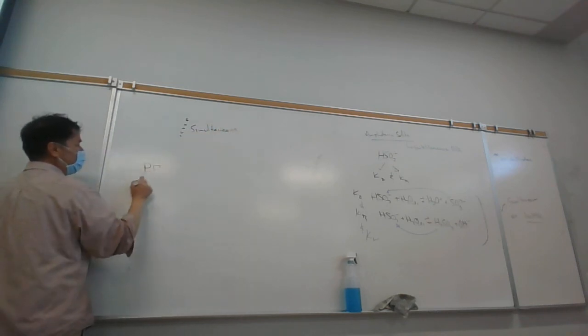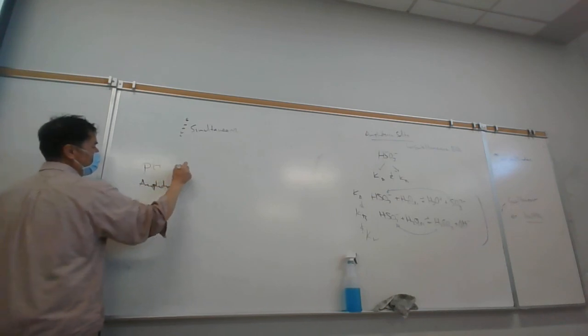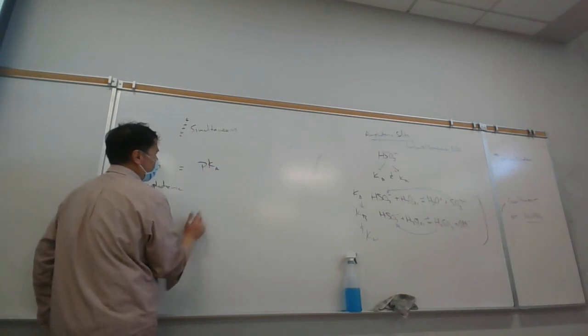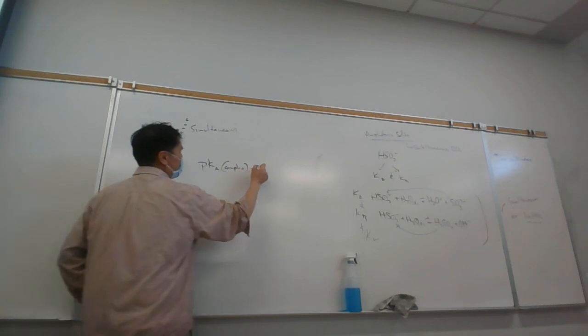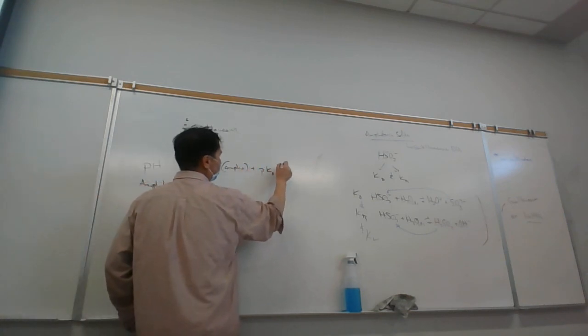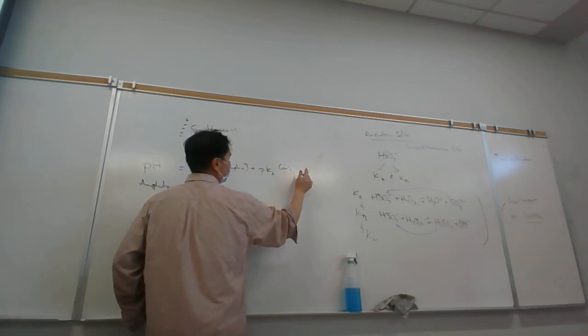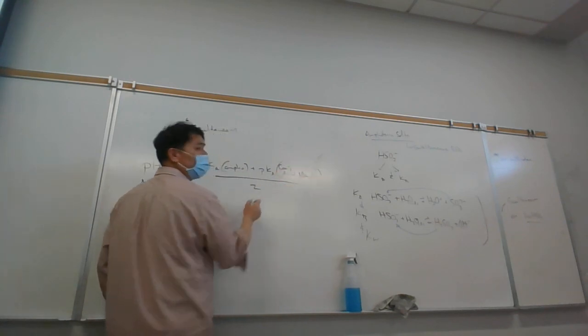The pH for the amphoteric salt is equal to the pKa for the amphoteric salt plus the pKa for the conjugate acid of the amphoteric salt, divided by 2.